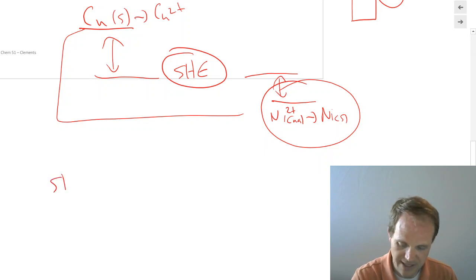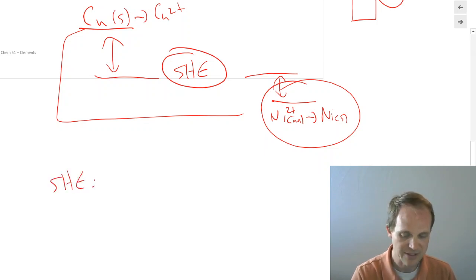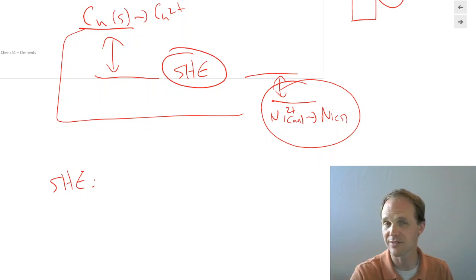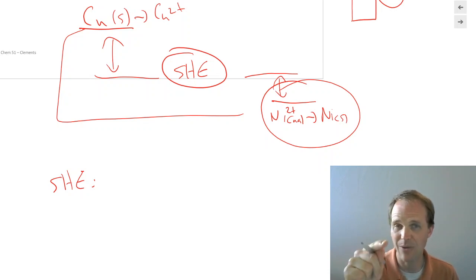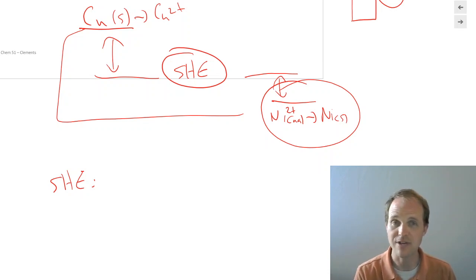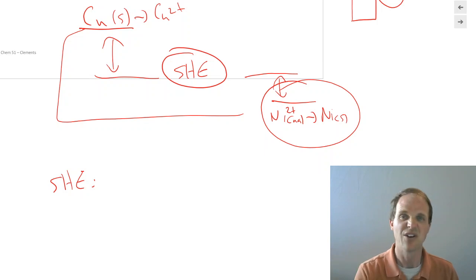So what is the standard hydrogen electrode? It's just something somebody decided upon. It has no particular meaning in and of itself. We just had to pick a reference. Let's pick that one. I'm sure there's a great reason people picked that one, probably having to do with being able to make it scientifically and easily reproducible. Great, but that's just the reference we have to know.